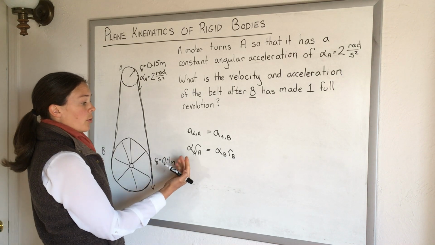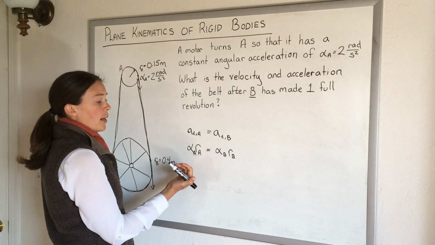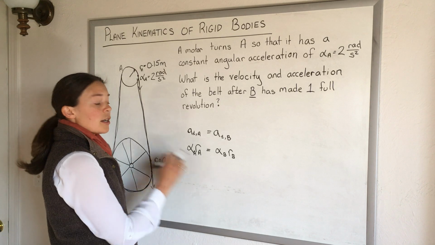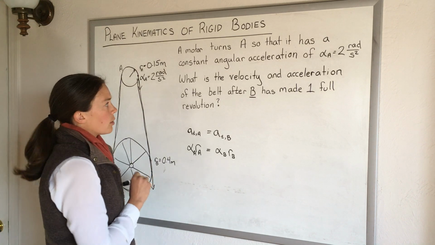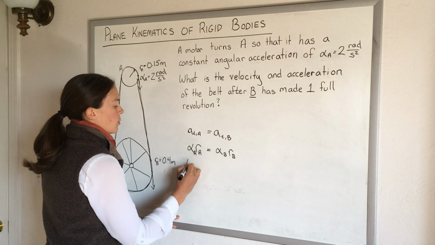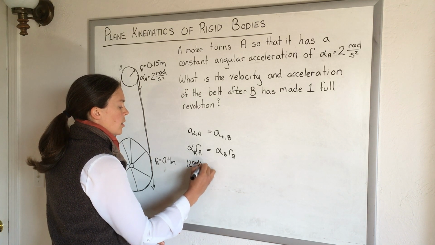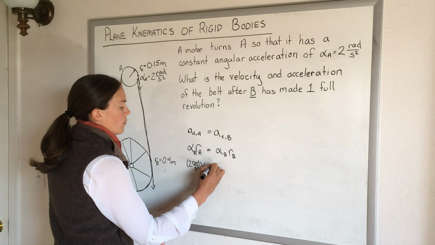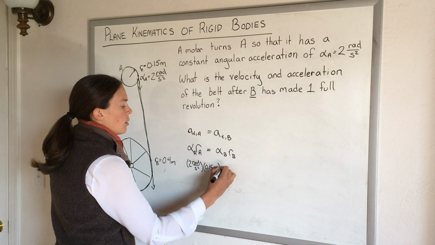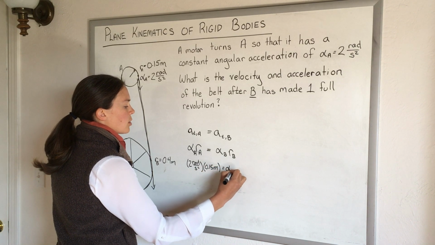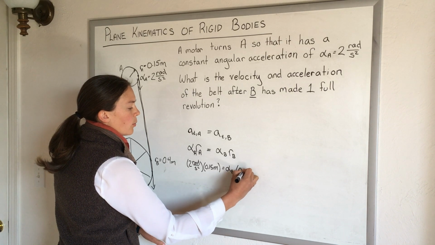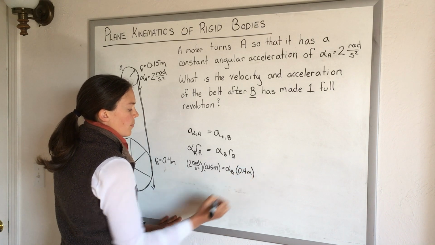And in this case, we know the angular acceleration of A, we know the radius of A, and we know the radius of B, so we can calculate the angular acceleration of B. So we have 2 radians per second squared times 0.15 meters will equal angular acceleration of B times 0.4 meters.